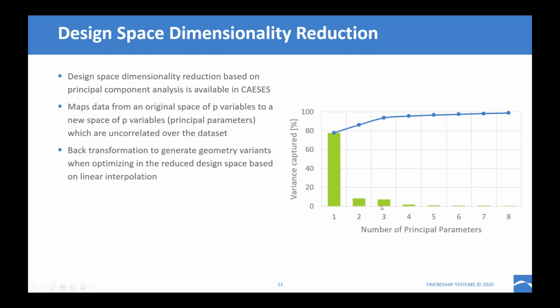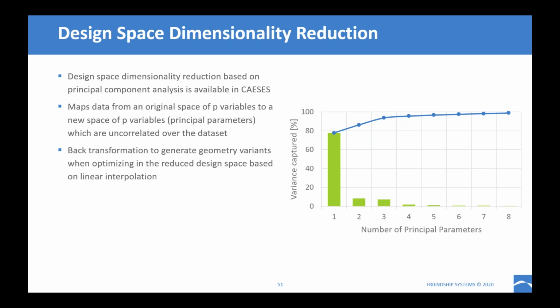And the optimizer sets values for these 4 principal parameters, and then we transform it back into the original design space by basically determining the parameter values of the original parameters and get the right geometry. And this is a very efficient way of very massively reducing the dimensionality of the design space.